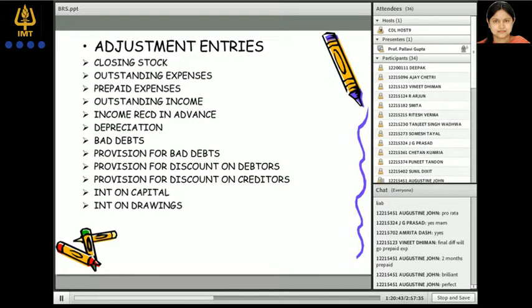That is, on this amount you will create a provision. If 1%, 2%, some percentage is there, percentage of this amount you have to create a provision.